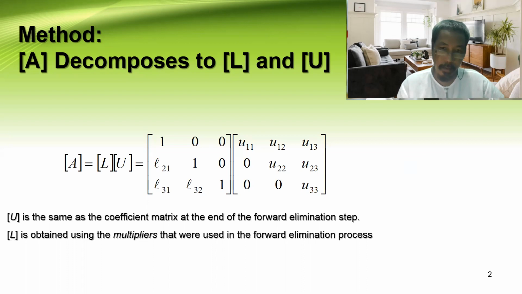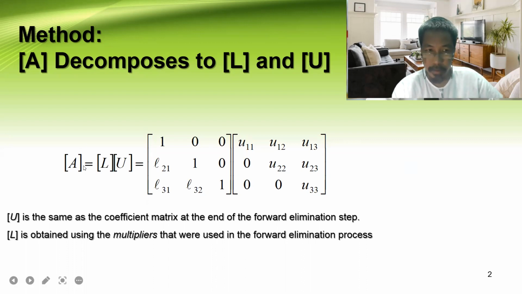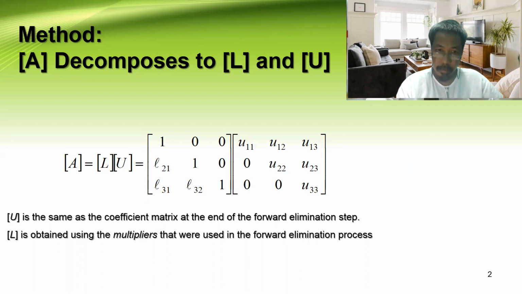So we have a square matrix that must be equal to a lower and upper triangular matrix, like this. Okay. So we have these two types of matrix.